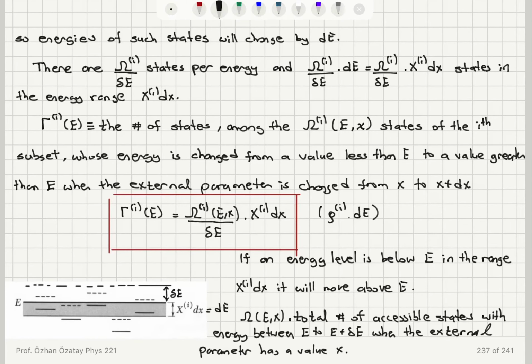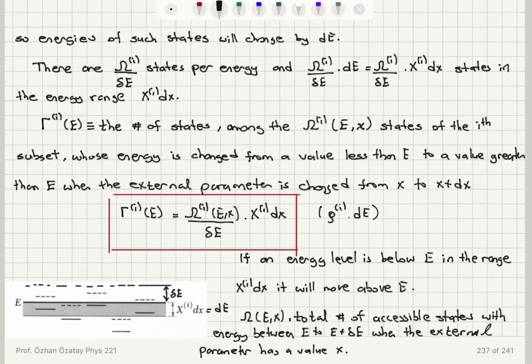So those states that are moving up so that their energies will be greater than E, we show by gamma i of E, so that gamma i of E is the number of states per energy, omega i divided by delta E, multiplied by the change in the energy, dE.